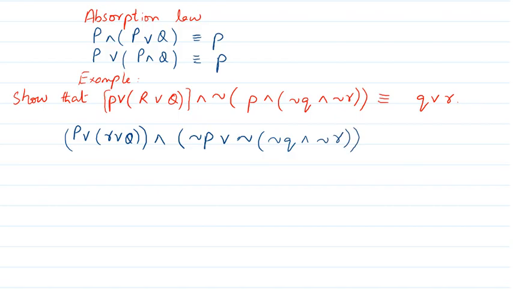Please don't confuse this capital Q. Let me erase it so that it may not cause any confusion here. Let me write it with small q. So what I have done is, on this whole area, I have applied De Morgan's law.